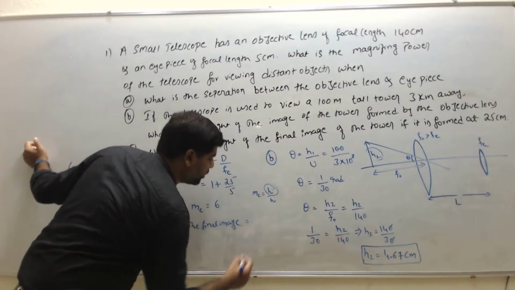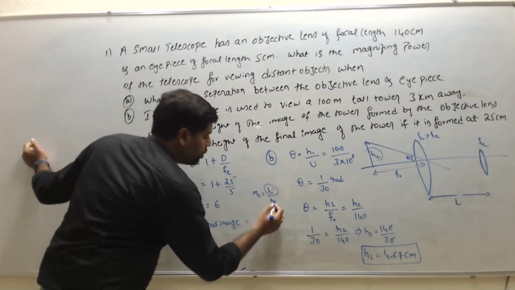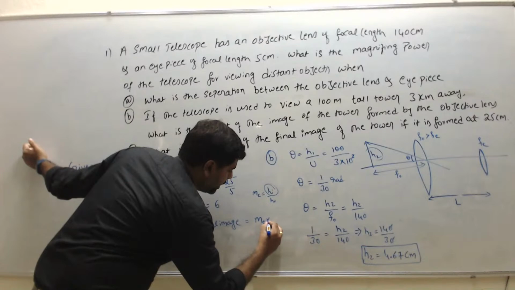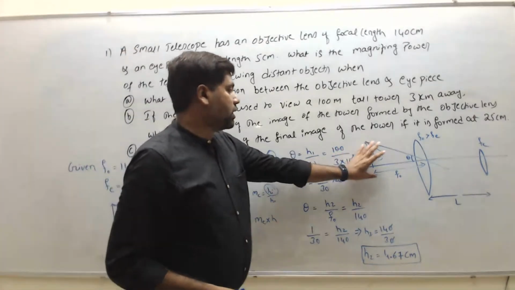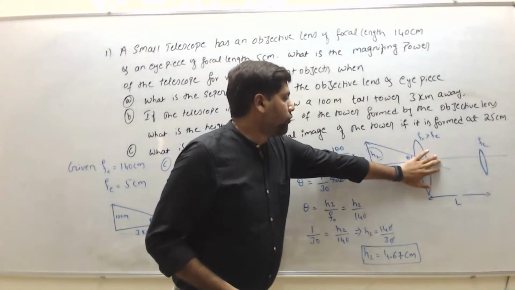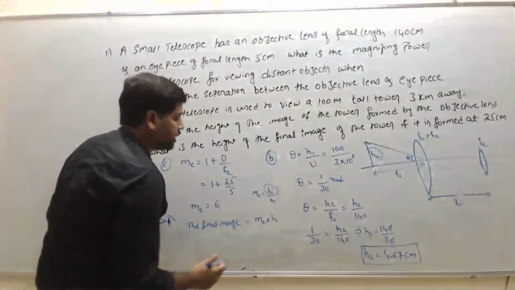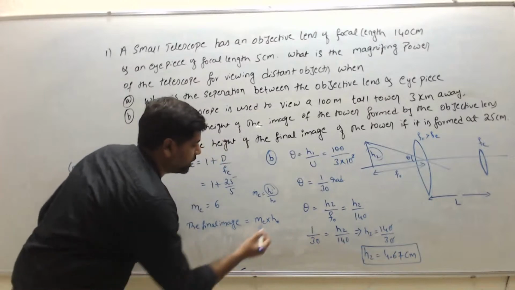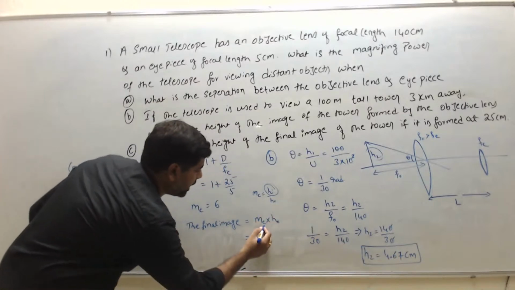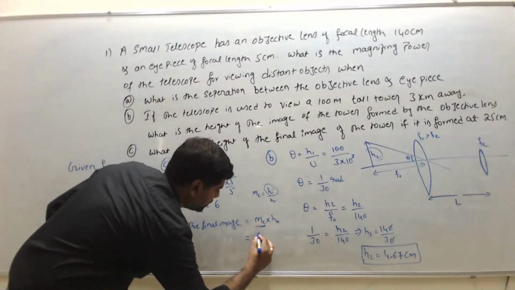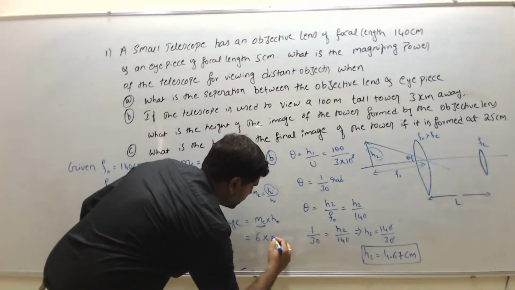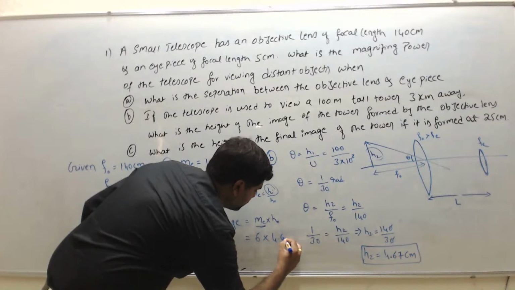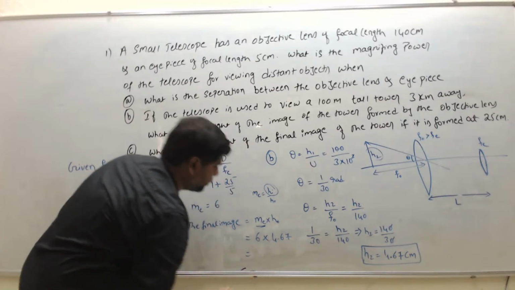So this is the final image formed by the eyepiece, that is equal to ME into height of the object, that is height of the tower that is viewed from this objective, that is HO or H2. So we have the value of ME, that is 6, into height of the objective, that is 4.67.